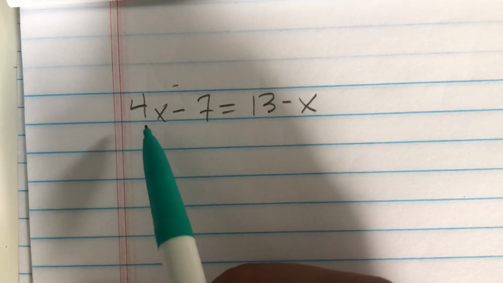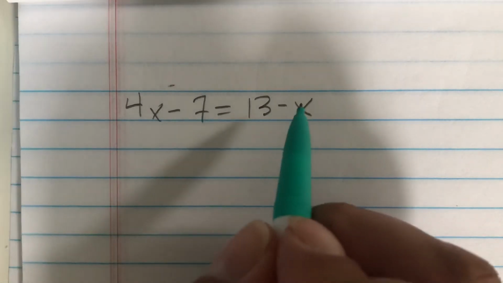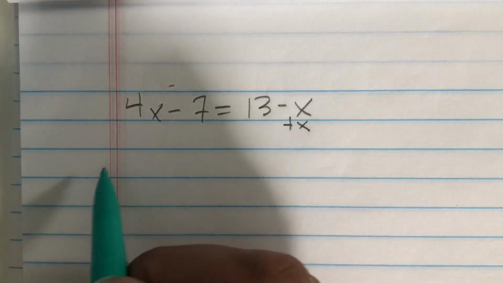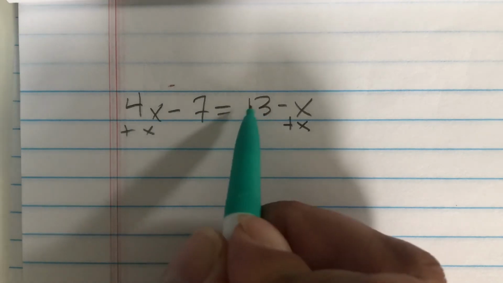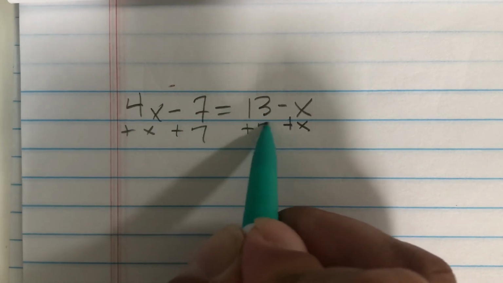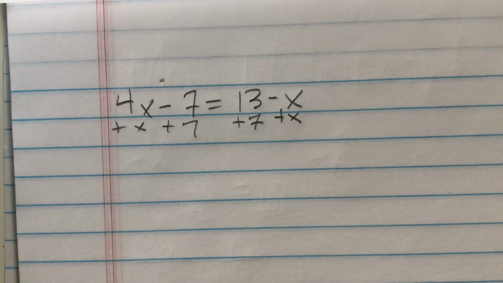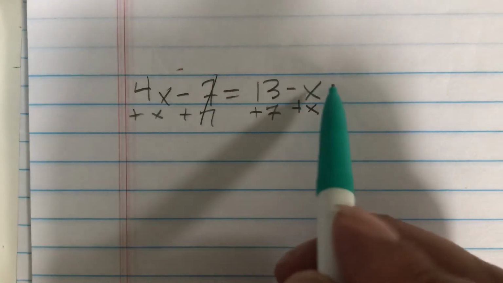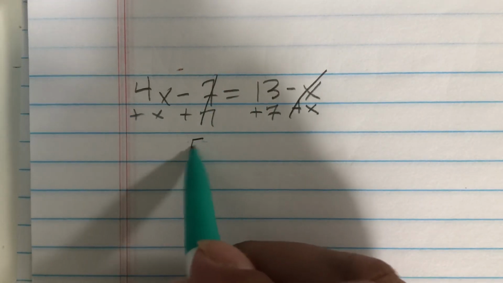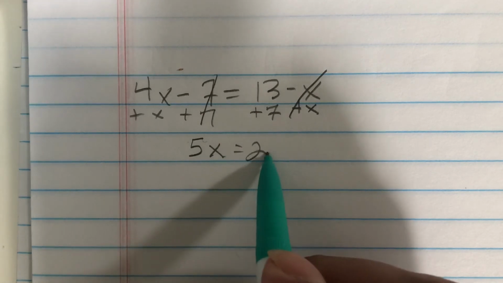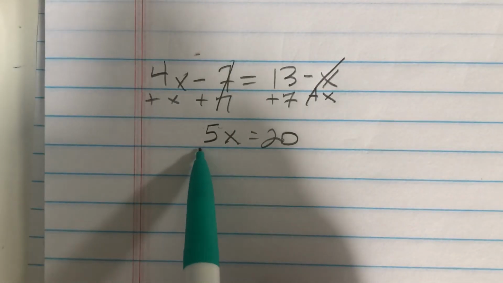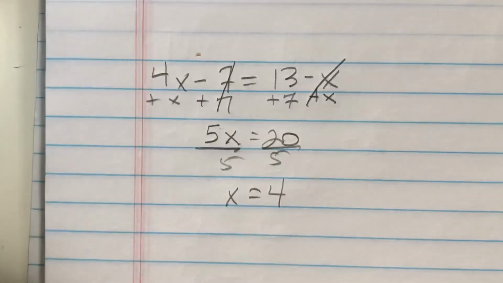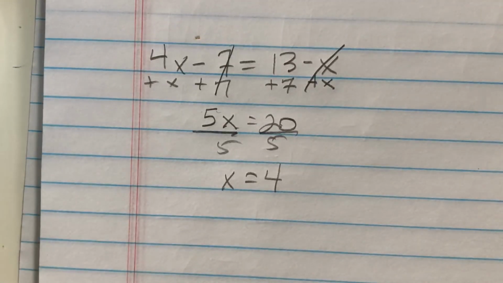So what I'm going to do is bring the x over here, I'm sorry, plus, and get the 7 over there in the same step. That cancels. That cancels. So I'm left with 5x equals 20. And then again, divide by 5, x equals 4. So that skips a step.